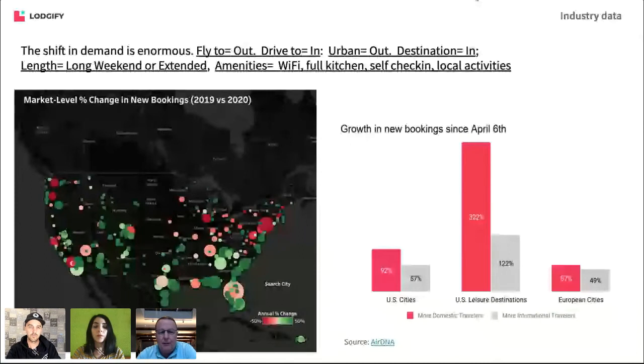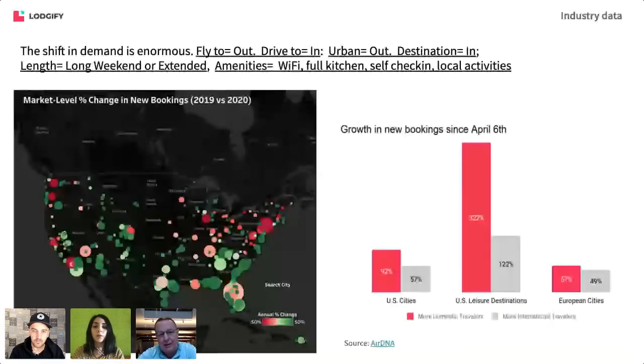I think all of you have probably read about how it's now, instead of fly to, it's drive to, instead of urban, it's destination. But there's other factors that are occurring here that we should really consider as you move forward in really looking at how you manage your vacation rental. There are general trends that already are emerging beyond just the fly to and drive to.